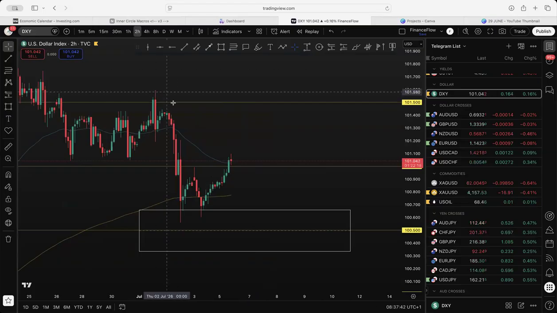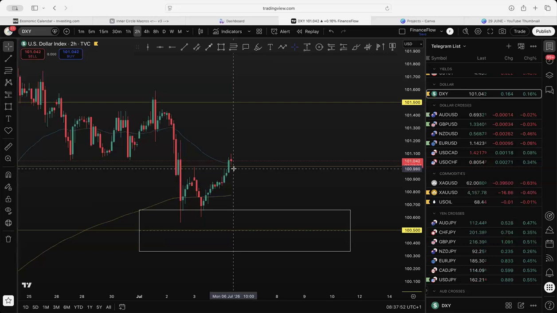Right, now let's have a look at what's happened during Asia. It has been a very steady market. Asia opened here and it's pushed up nicely. Now the Iran talks have gone a bit quiet, and I think that's why the market is having a bit of a release. The dollar is hawkish.